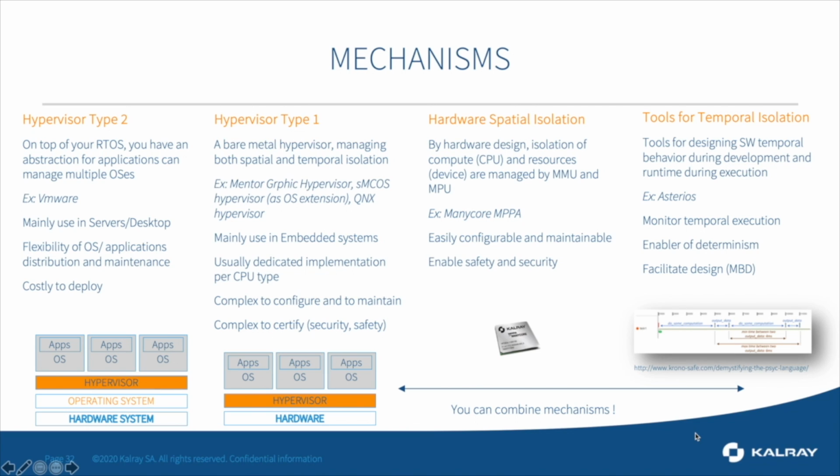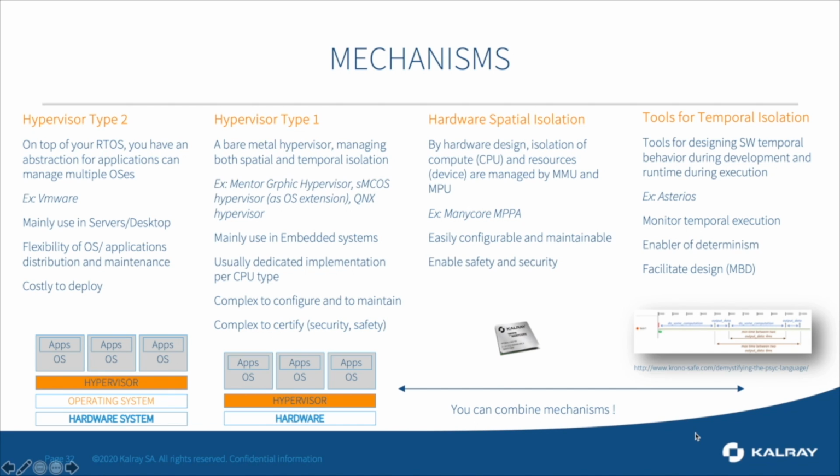New concepts are popping up, such as hardware spatial isolation. Your hardware is actually providing you all the benefits of sharing resources in terms of spatial access. So it's easier to configure and to maintain, as well as to certify, and mainly takes care of the MMU and MPU, memory protection unit, as a hardware element that is directly usable by an operating system.